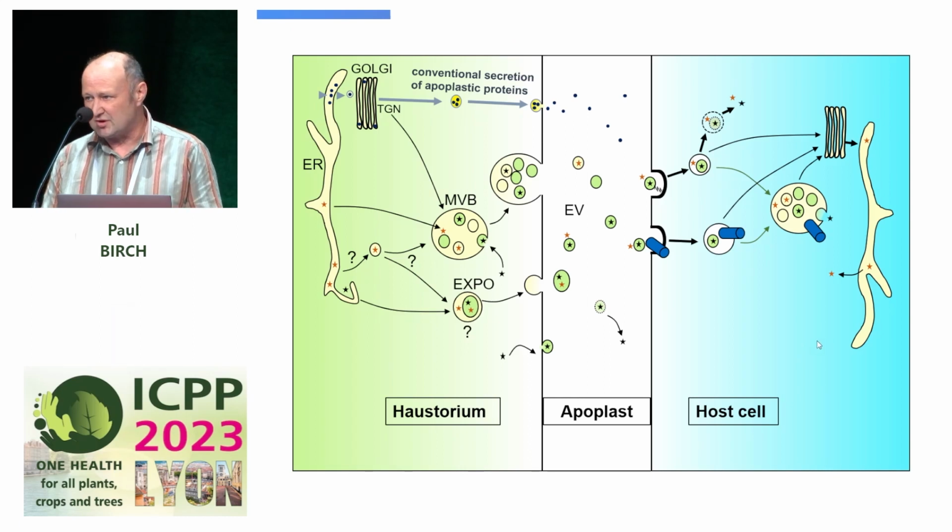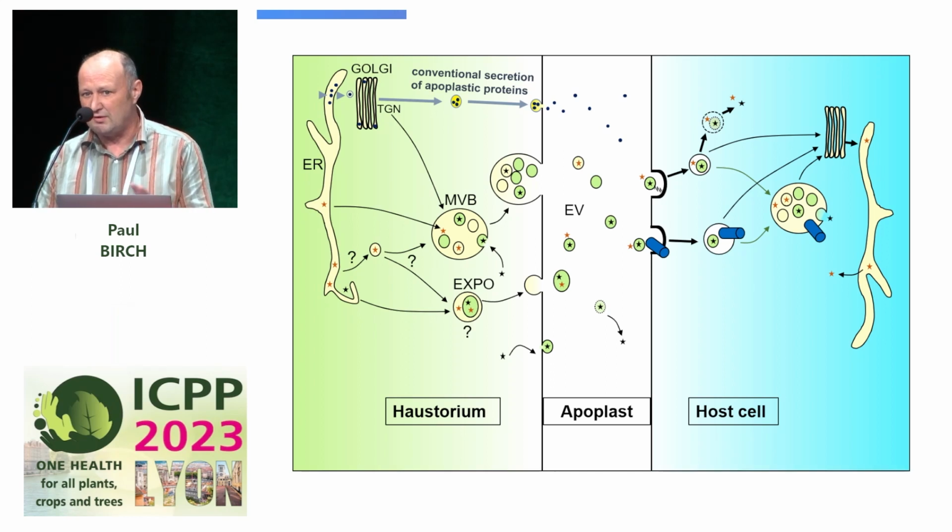So as I said, we're interested in the whole journey from the initial translation of these proteins right the way through to them reaching their destination inside the plant cell. We have evidence, published by Barbara and Nick previously, that a lot of these RXLR effectors are going through unconventional secretion pathways.